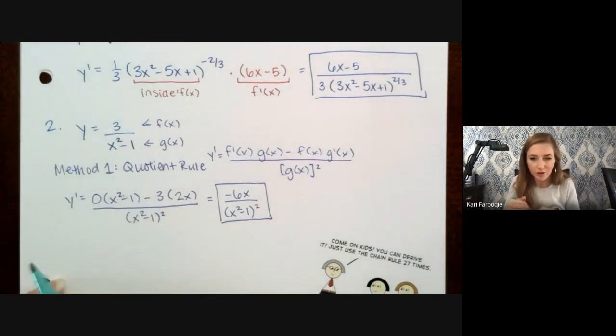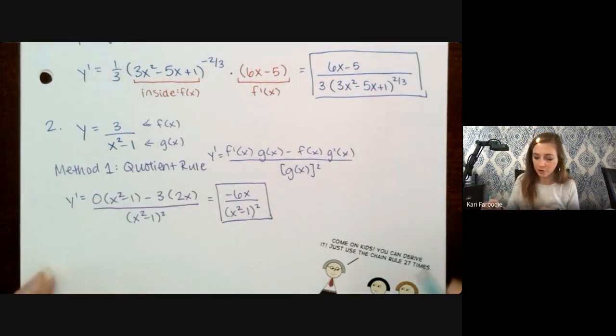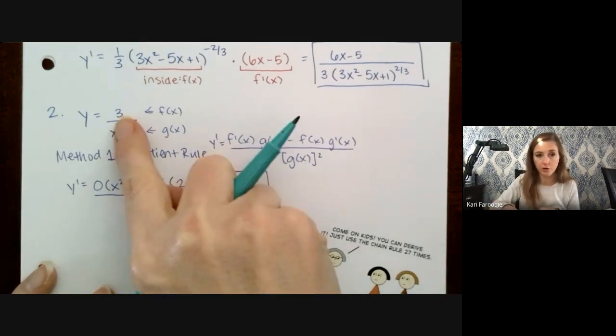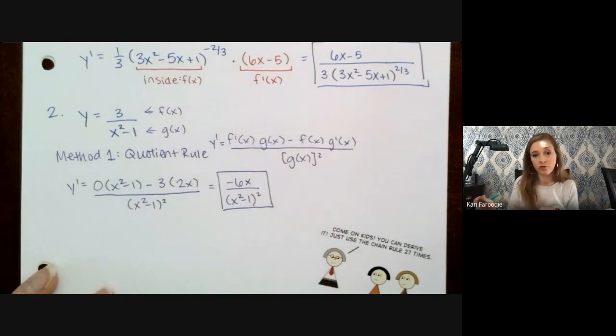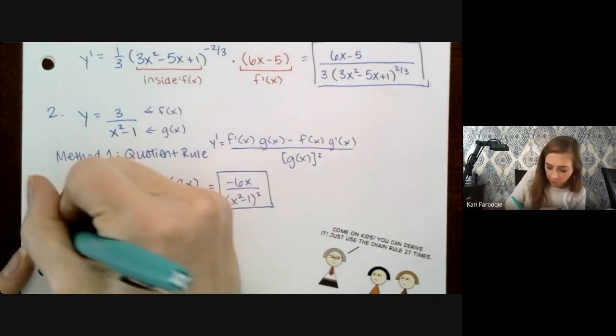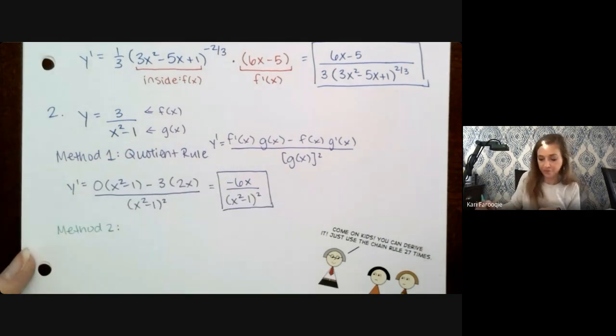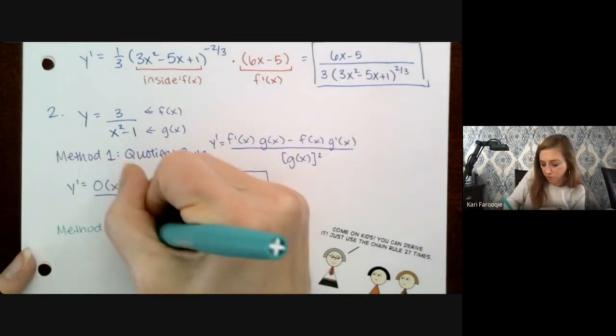So it's a little bit tedious, I guess, to include this step. So my suggestion is whenever you have a numerator of your quotient that's constant, you might want to use the chain rule. You don't have to, but it would maybe be easier in this case. So method 2 will be chain rule.